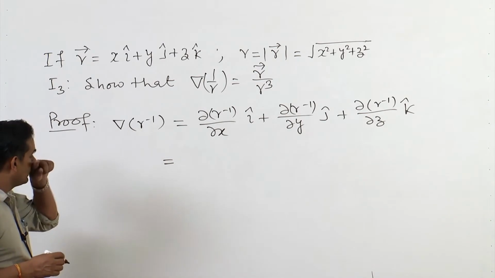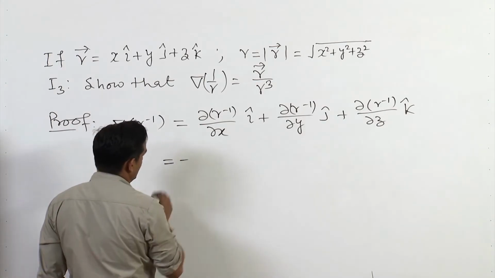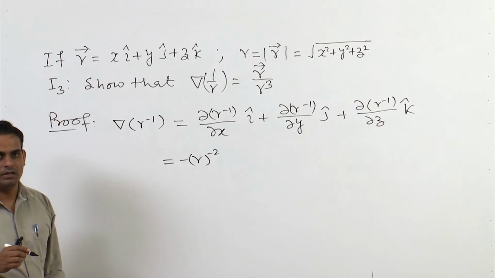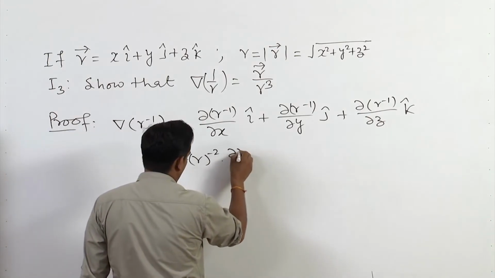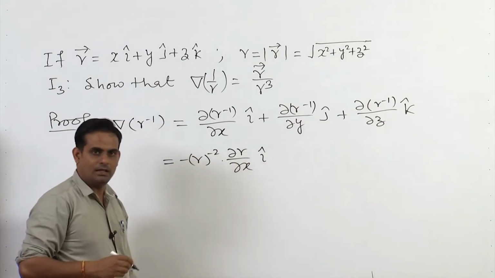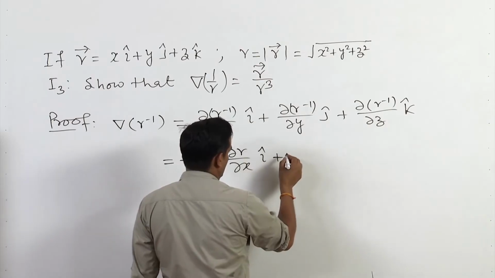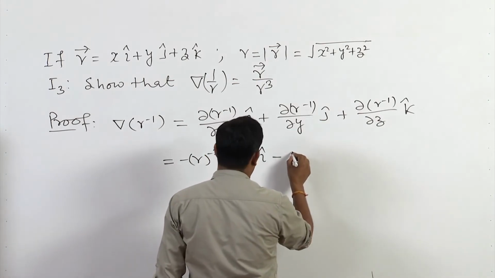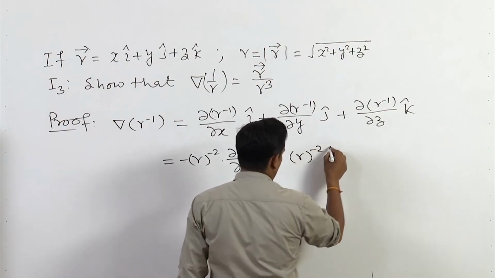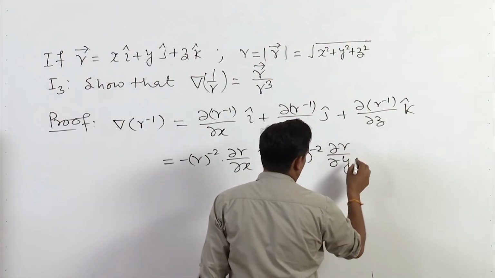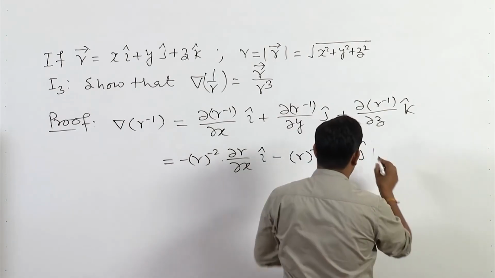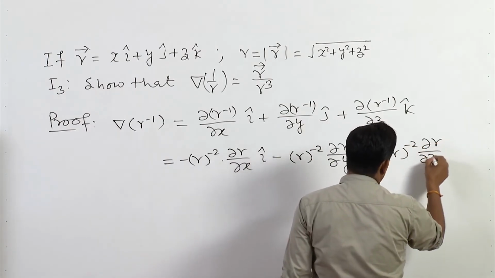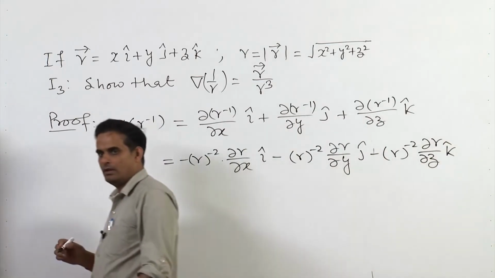Now it will become minus r raised to power minus 2 into del r over del x i, plus minus r raised to power minus 2 del r over del y in the direction of j, and similarly minus r raised to power minus 2 del r over del z in the direction of k.